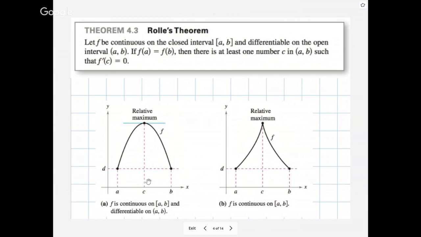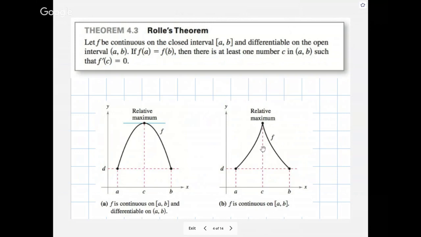So look at this picture here. We start at this height, we end at the same height, it's continuous. Well, then it's got to reach a point sometime where it hits a slope of 0, a horizontal tangent, as the blue line indicates. That's Rolle's theorem.